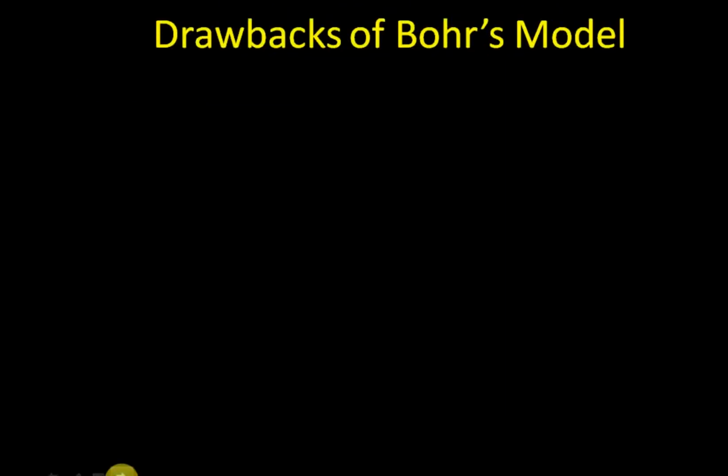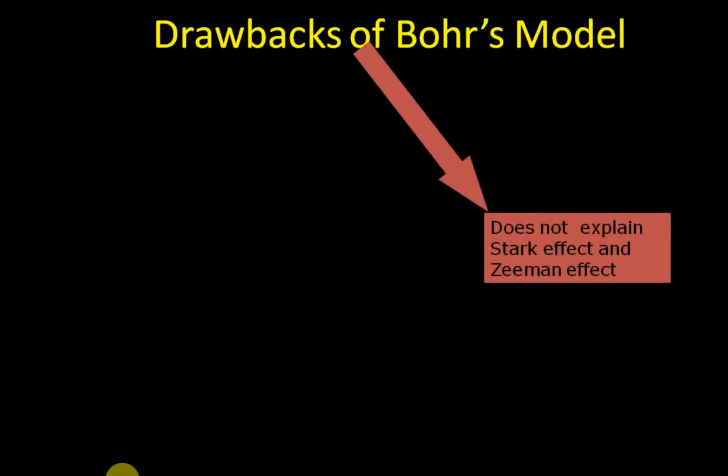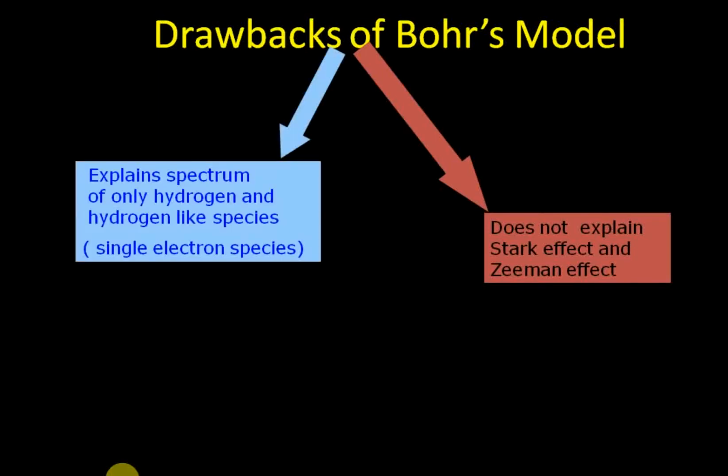So that is the energy emitted in Balmer series. Now next is drawbacks of Bohr model. Though Bohr model was quite successful about the hydrogen atom, it could successfully explain the spectrum related to hydrogen atom, that is the elements having only one electron in their outer shell.